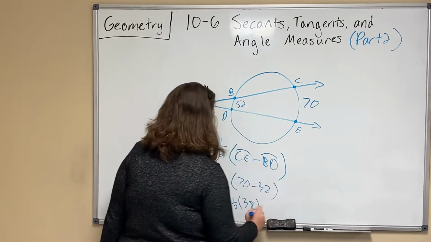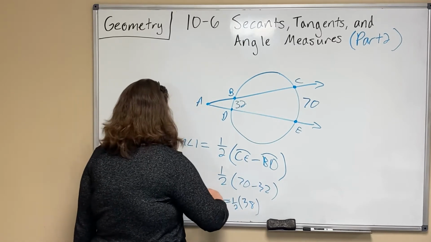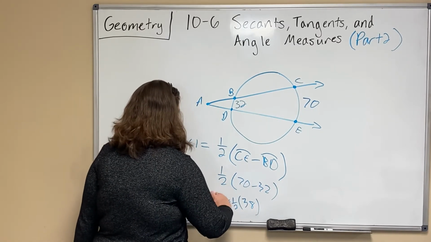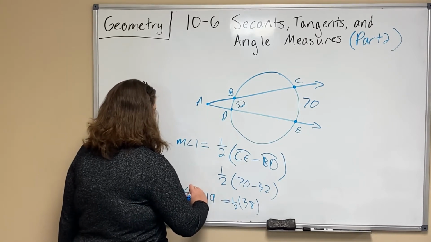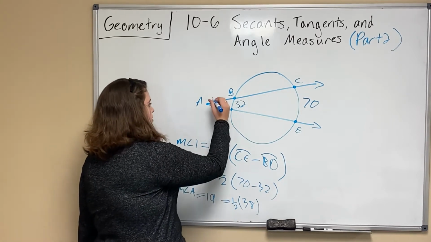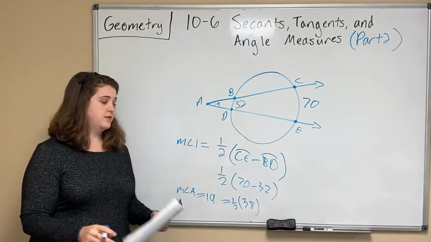So 1/2 of 38 will give us 19. So the measure of angle A is 19. Pretty straightforward. Hopefully that makes sense.